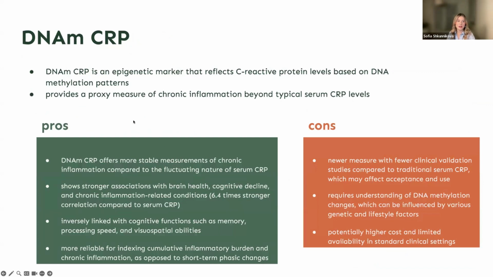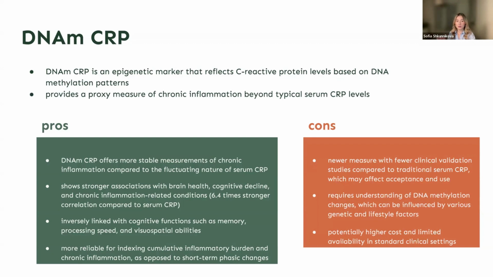So this one is very exciting, the DNAm CRP. What it is, is actually an epigenetic marker that reflects C-reactive protein levels based on DNA methylation patterns. So it almost provides a proxy measure of chronic inflammation beyond typical serum CRP levels.